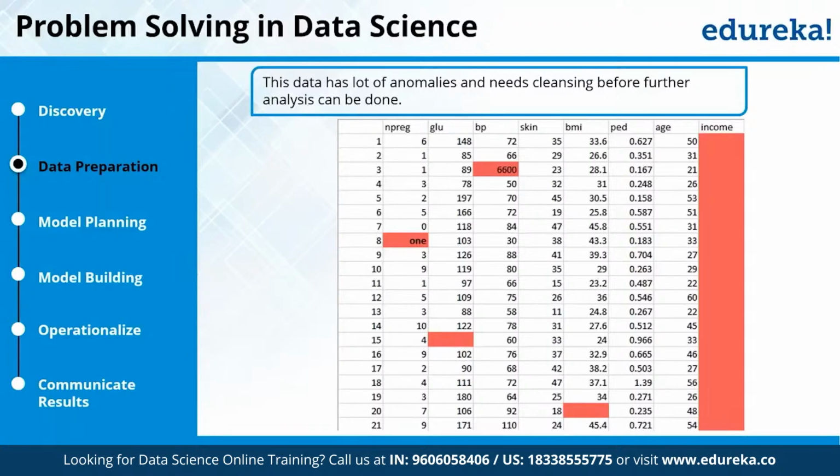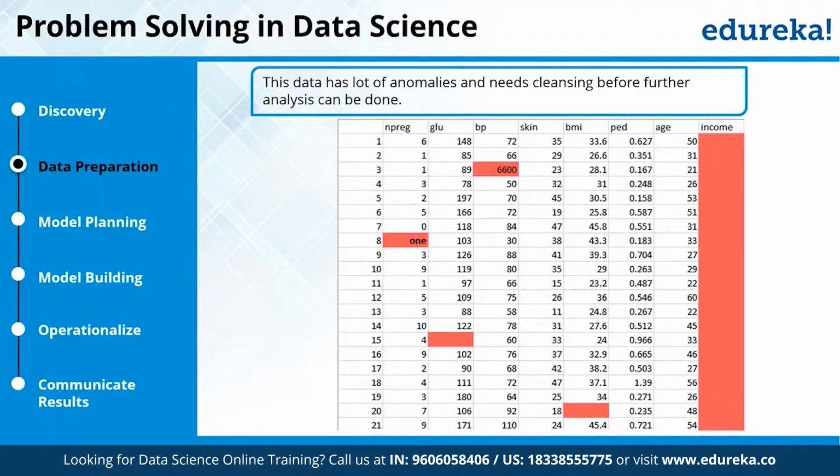For instance, when the attribute for the number of times a woman got pregnant stores data in integer form, and suddenly you see a character there. The information is right, but the way it is put in this data set is not. When you build the model or any analytics on top of this data set, things might not work out well. It might produce certain errors and so on.